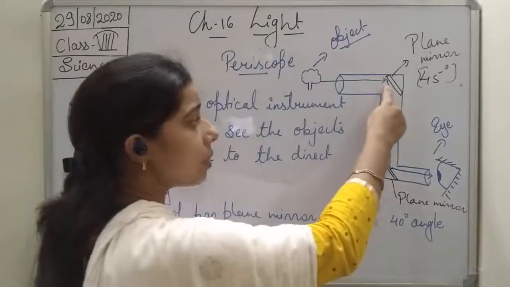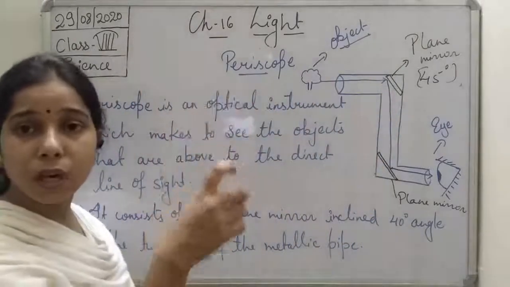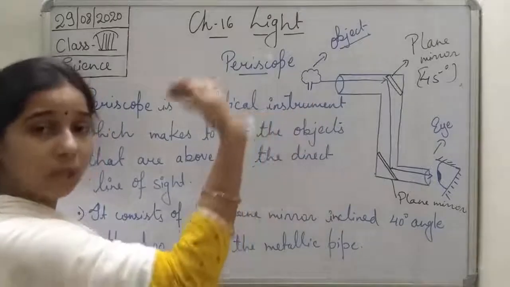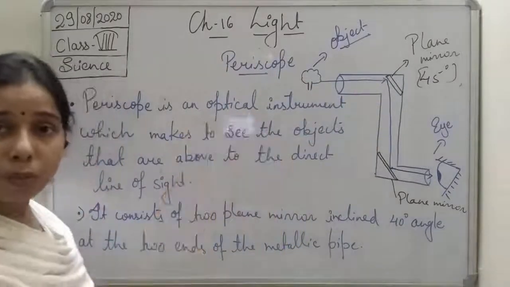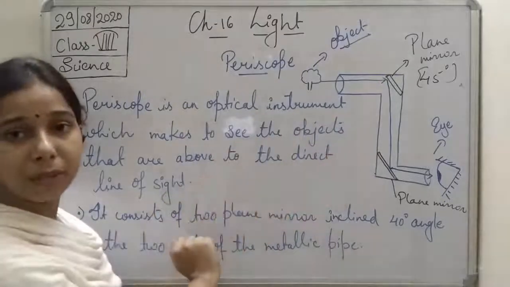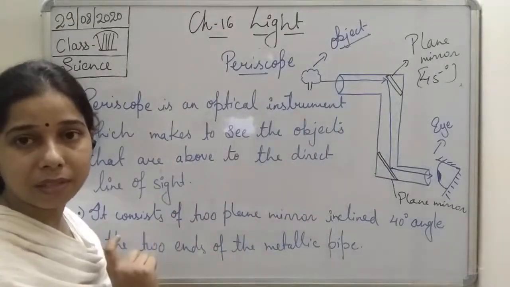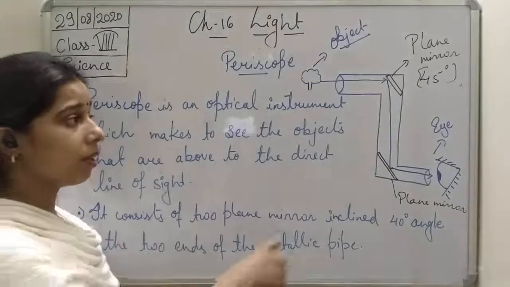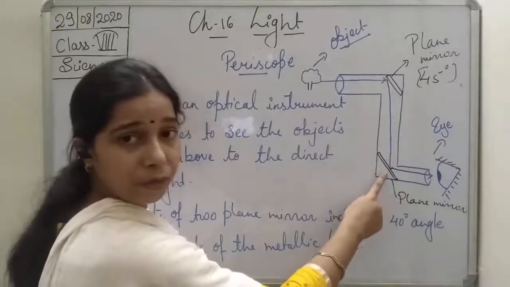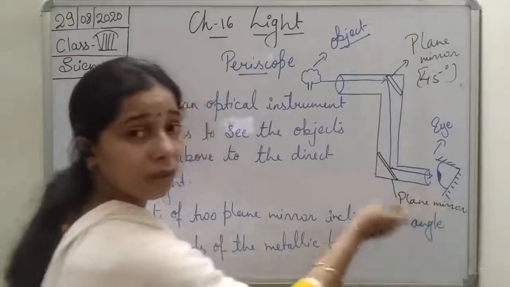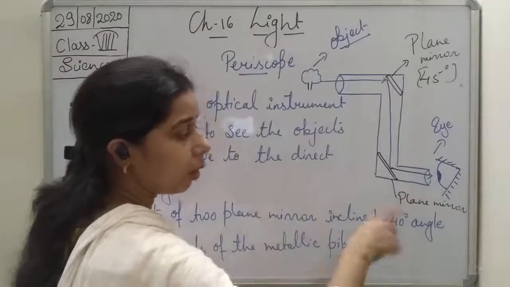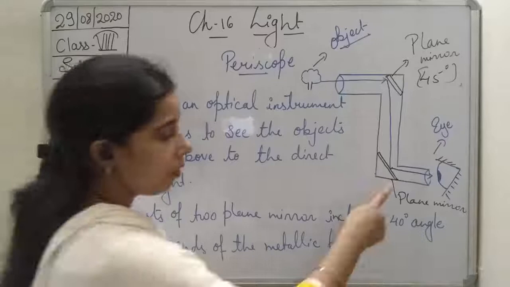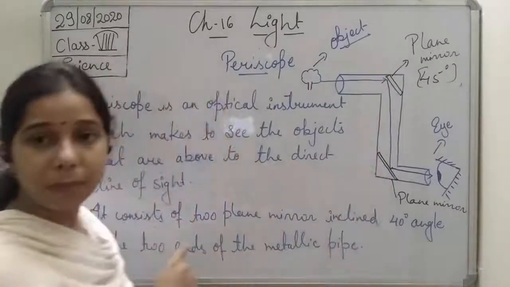At first, this mirror takes the light which is coming from above. This light is reflected downward with the help of the plane mirror which is inclined at 45 degrees. Then from here it will get reflected to the eye of the observer with the help of the second mirror.